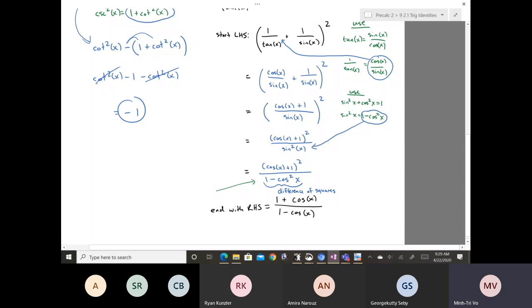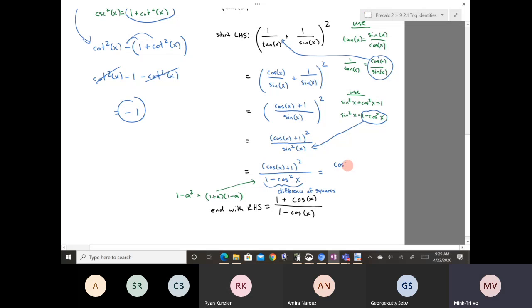Say I have 1 minus a squared. So this is a difference of squares. How do I factor something like this? It factors as 1 plus a times 1 minus a, right? Where in this case a is cosine, right? So what does this become?